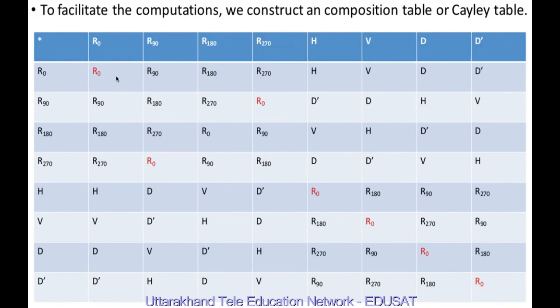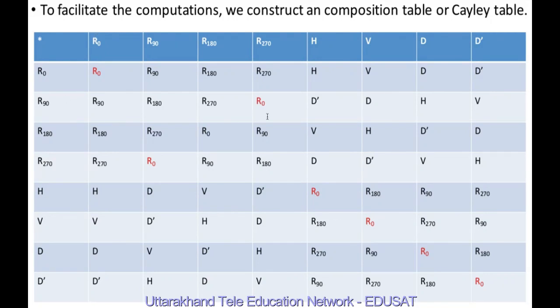Here this is R0, this is R0, this is the identity element. We mark it also by red color. R0, R0, R0, R0. These are all the identity element of this group, which help us to find the inverse element. So inverse of R0 is nothing but R0, because the element above R0 in the top border row is R0.